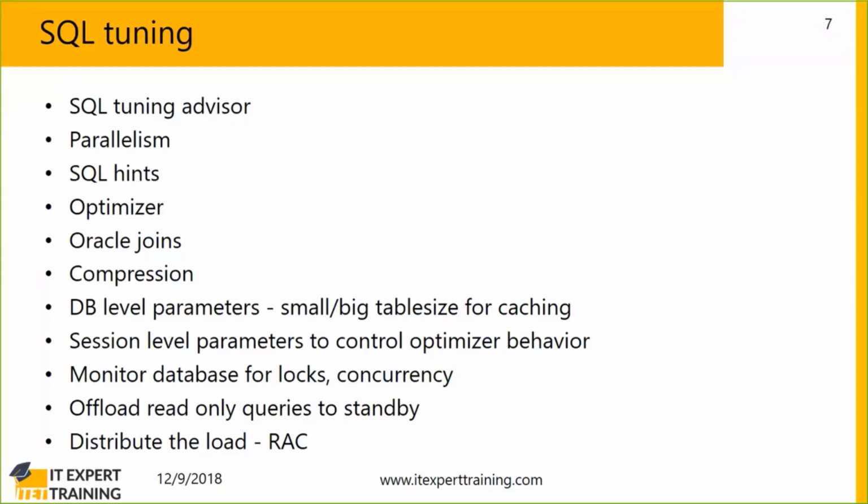Next is Oracle joins. This is mostly a theoretical class, and we'll see the practical in the next course. We'll go into detail on each of these bullet points: parallelism, SQL hints, what the optimizer is, what can be done, and what we need to set. Oracle joins.